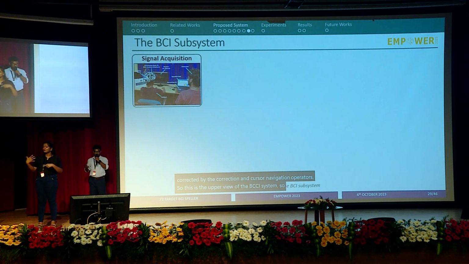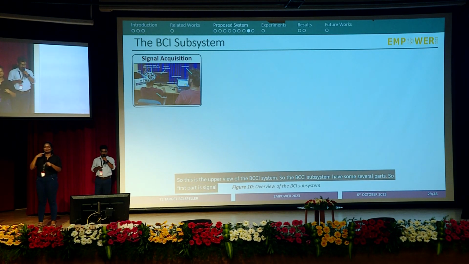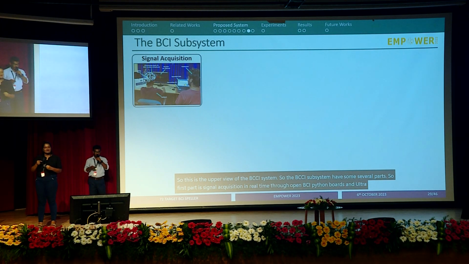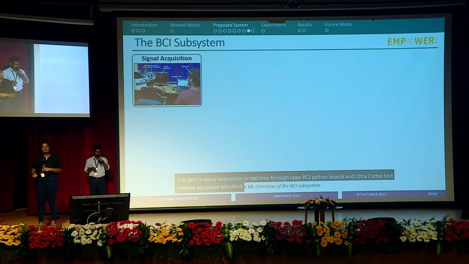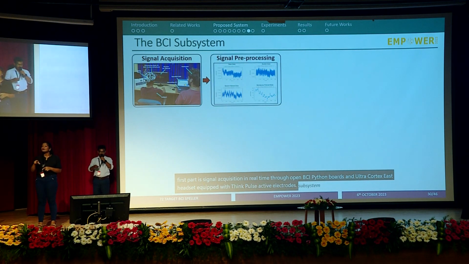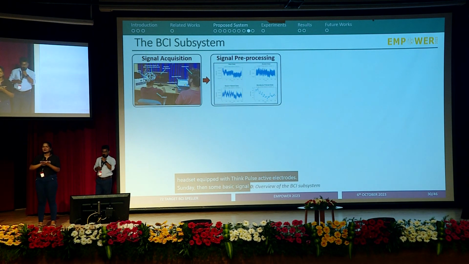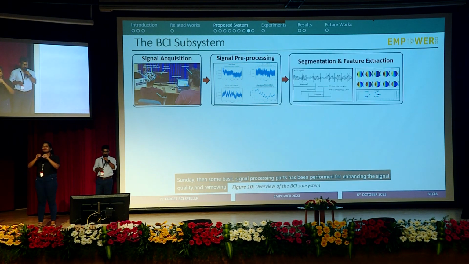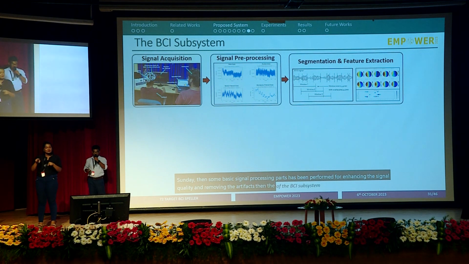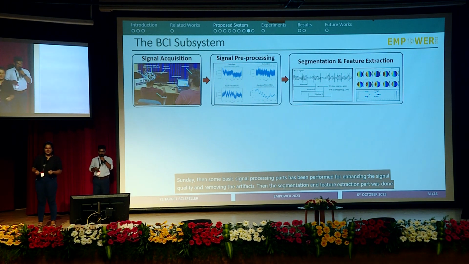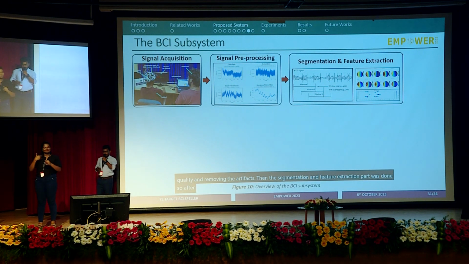The BCI subsystem has several parts. The first part is signal acquisition in real time through the OpenBCI Cyton board and Ultra Cortex EEG headset equipped with ThinkPulse active electrodes. Then some basic signal processing is performed to enhance the signal quality and remove artifacts. Then segmentation and feature extraction were done. After extracting the feature vector, we have to train a classification model.